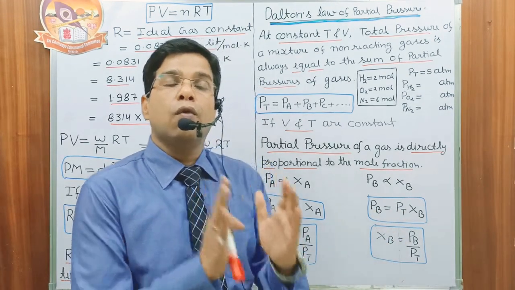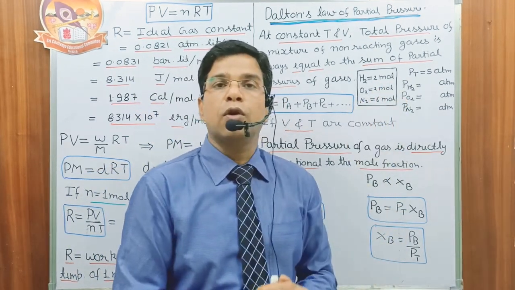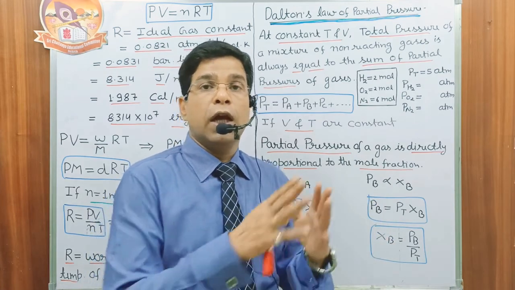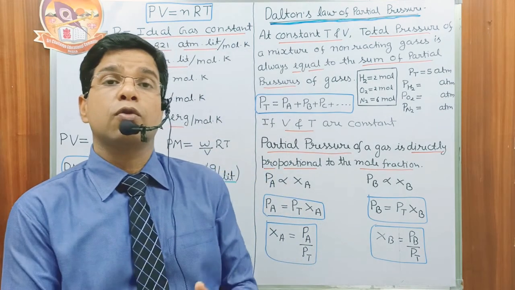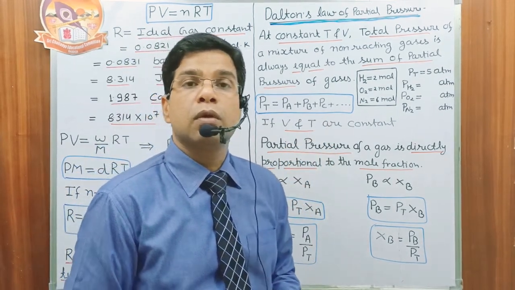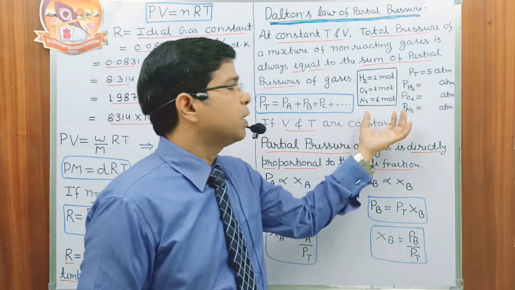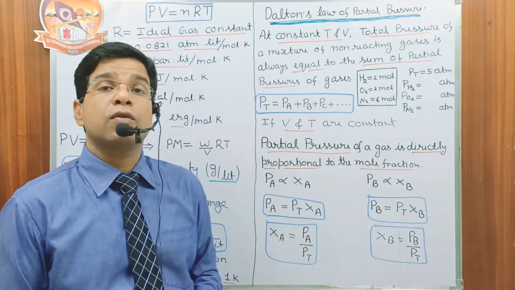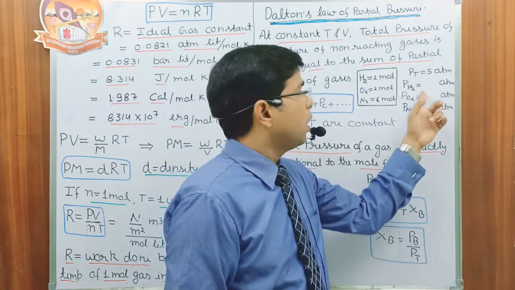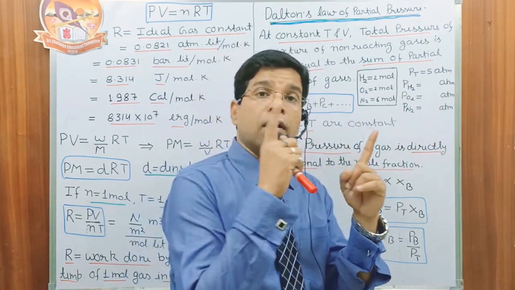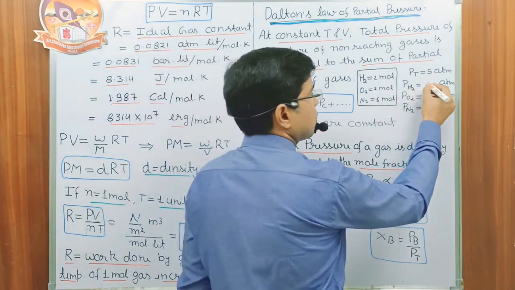So you see, 20% of molecules belong to hydrogen, 20% belong to oxygen and 60% belong to N2. If the total pressure of the gas inside this container is 5 atmosphere, then 20% of 5 atmosphere will be due to hydrogen. That is called the partial pressure of hydrogen.